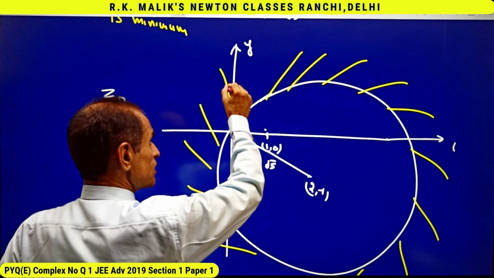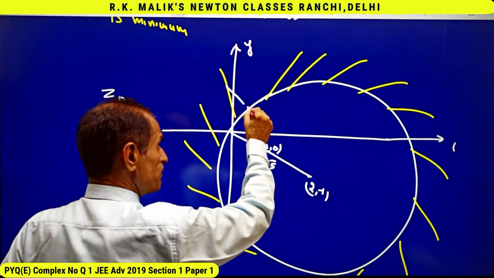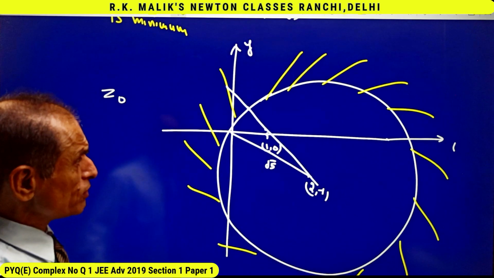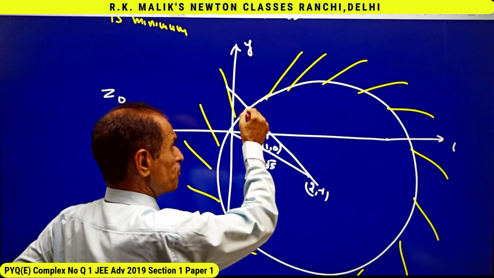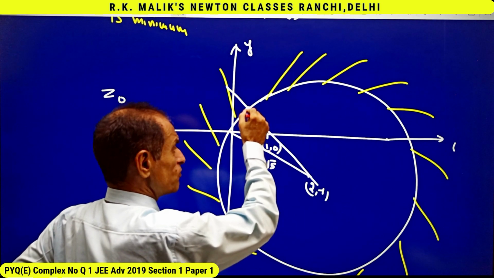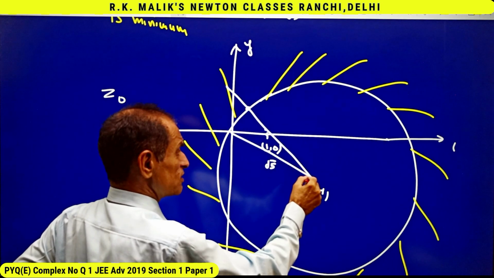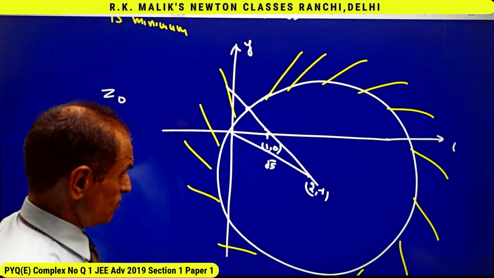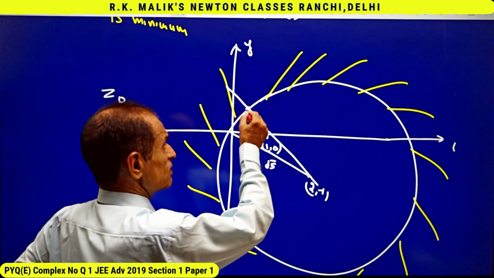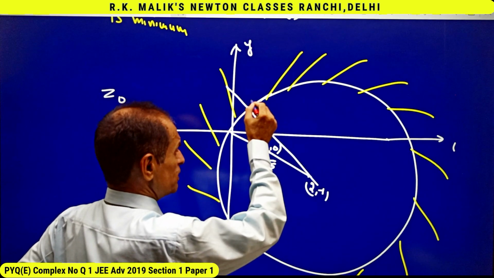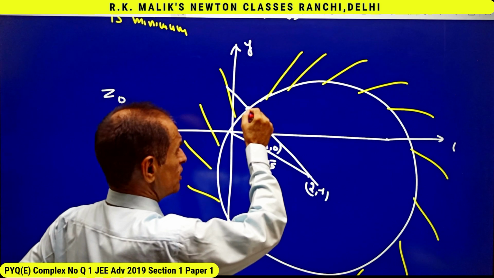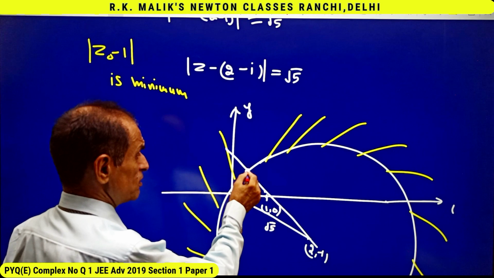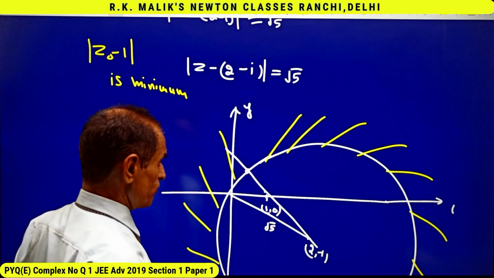And we know that the normal at any point of the circle always passes through the center of the circle. Hence, required point is that point where the line joining center and the point 1 0 intersect the circle. And it is obvious that the x coordinate of this point will be surely less than 1, and y coordinate of this point is sure to be a positive number.